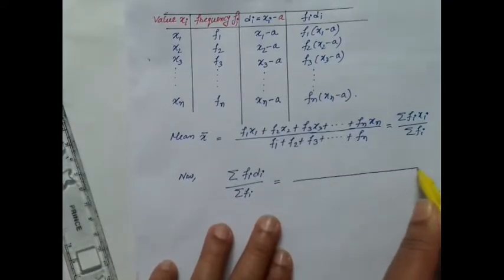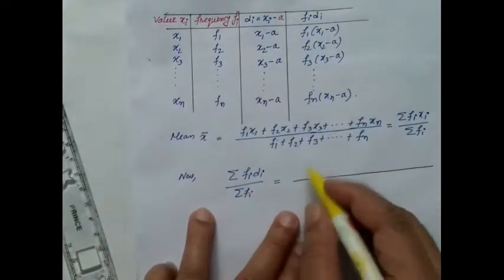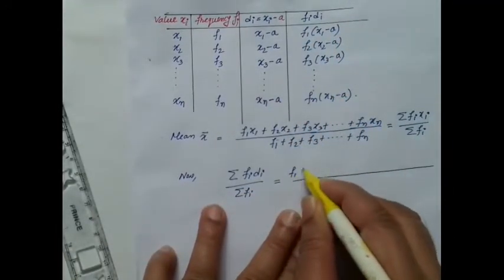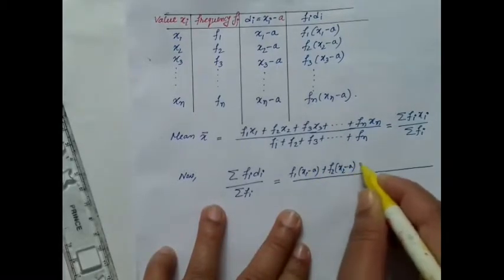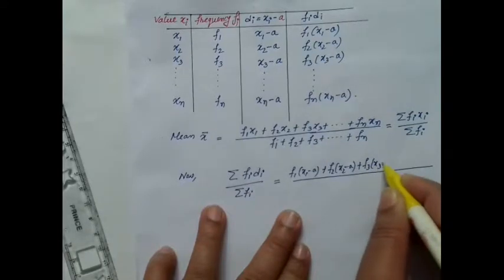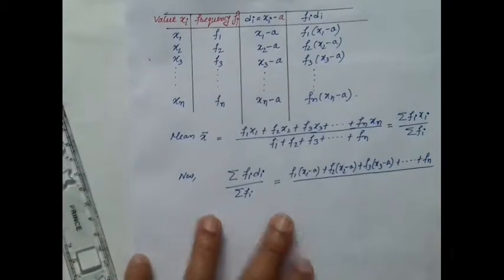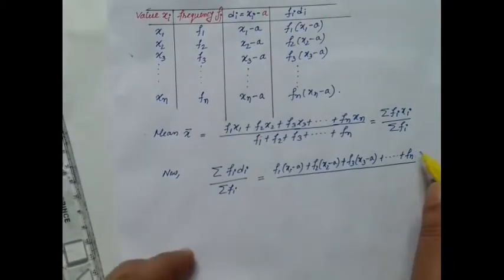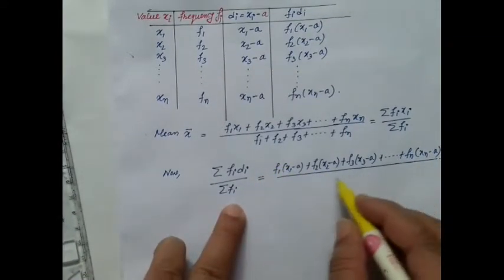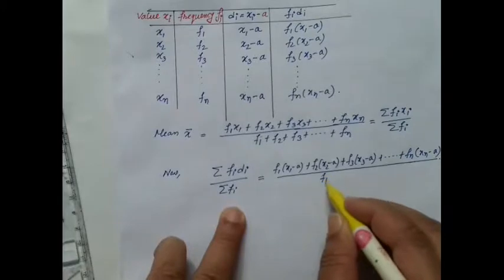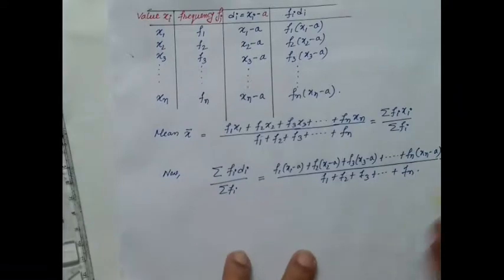Now if we write this summation fi di, it means this plus this plus this plus this. So I am writing f1 times x1 minus a, plus f2 into x2 minus a, plus f3 into x3 minus a, plus dot dot dot plus fn times xn minus a. And below we have summation fi, which means f1 plus f2 plus f3 plus dot dot dot plus fn.